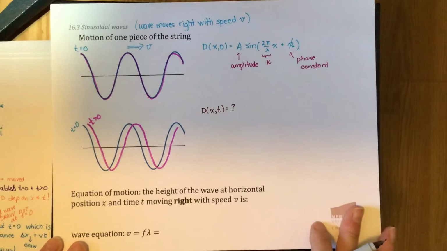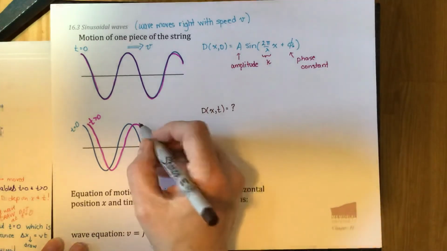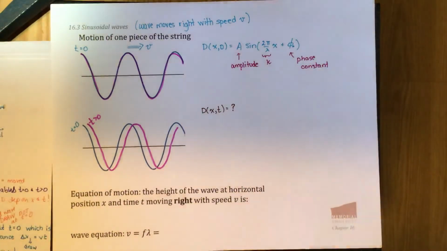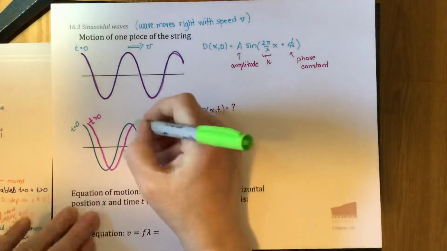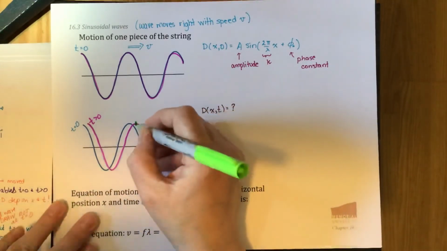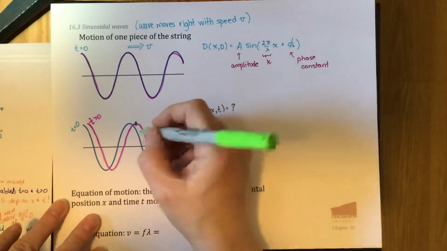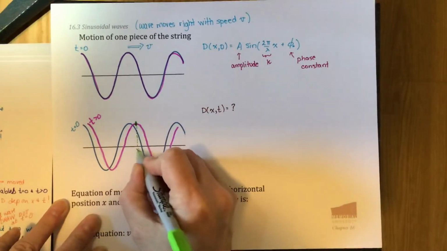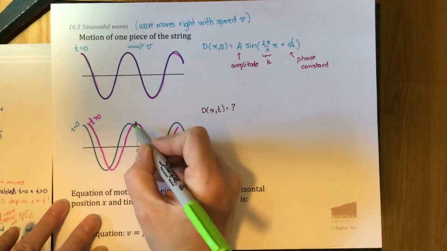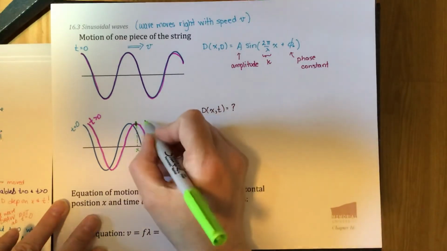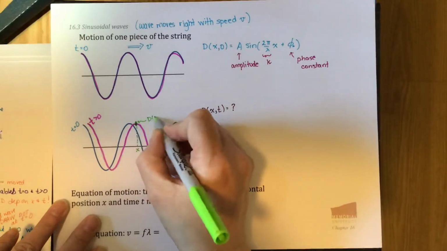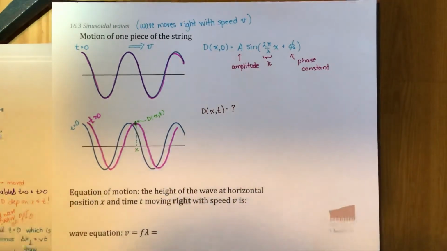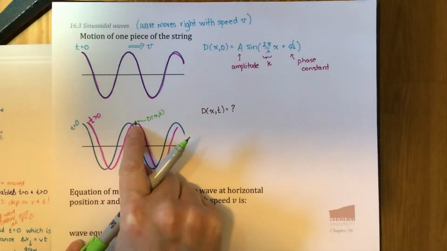Well, one thing we might notice, if we pick one spot on this wave, so let's pick, I'm going to grab a brighter color. Let's pick this spot on the t greater than 0 on the pink wave. So for this spot, it has horizontal position x, and it has time t, and it has some height d of x and t. So this is the height at position x at time t. Is there anything we notice about this spot?